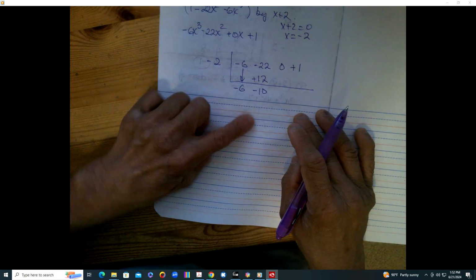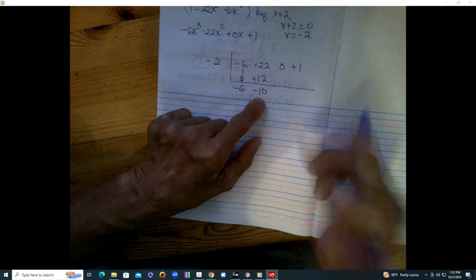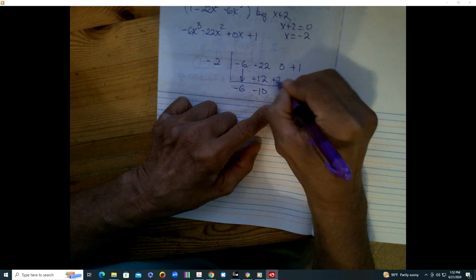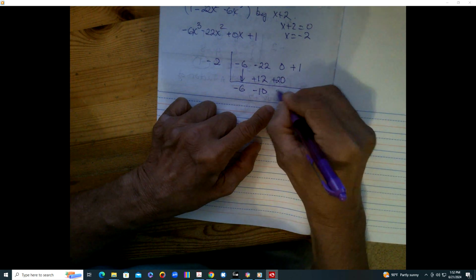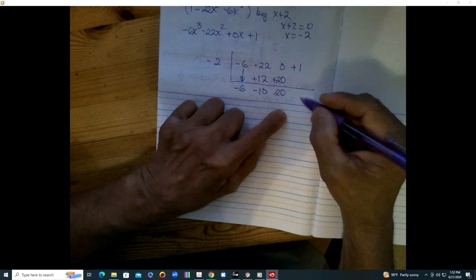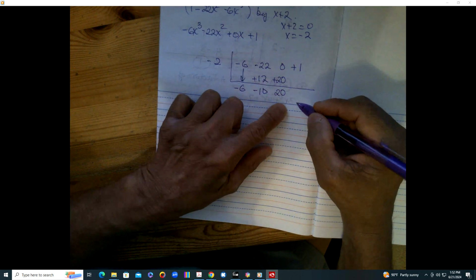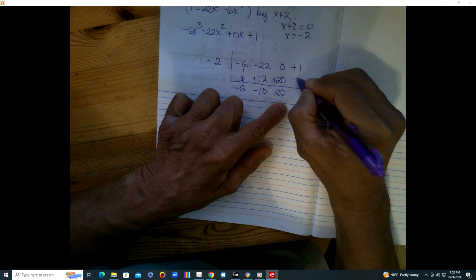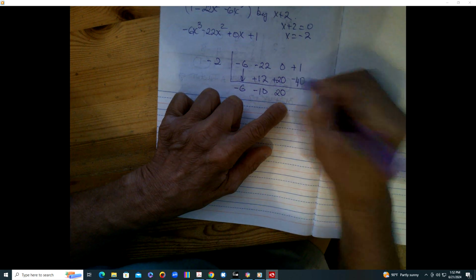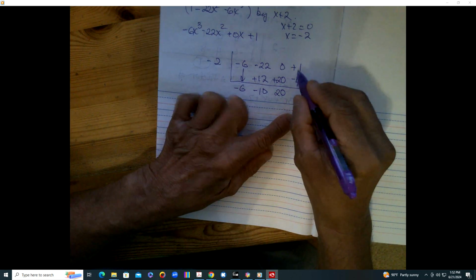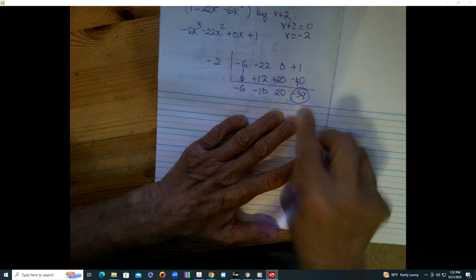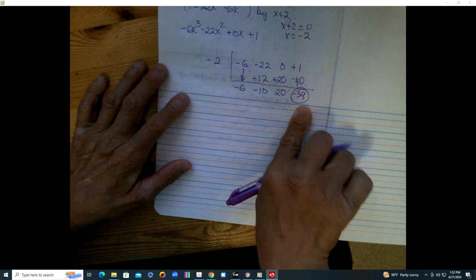Okay, negative 2 times negative 10, that gives us 20. And then cộng nó vô thì là 20. Clearly, negative 2 times 20 will give us negative 40. And negative 40 cộng cho 1 là negative 39. And negative 39 is not a remainder of 0.